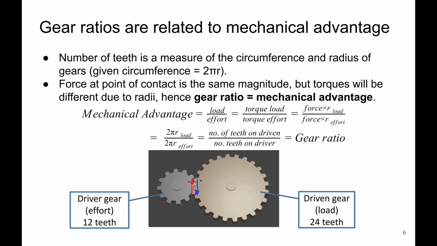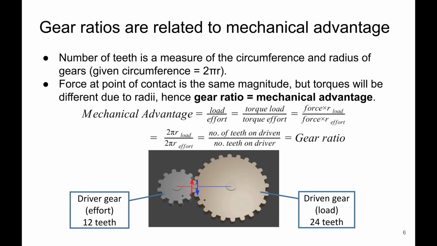These two forces are the same magnitude, and we can calculate the torques related to these two forces simply by multiplying the force by the perpendicular distance to the pivot points. However, as we shall see, the distance between these two forces and the center of the gears is different.